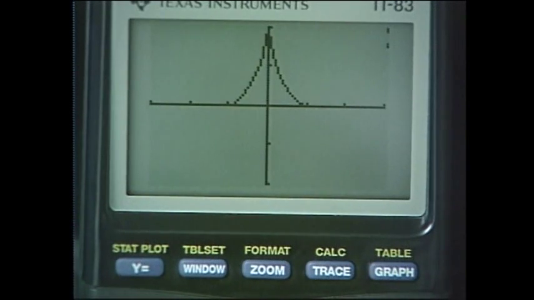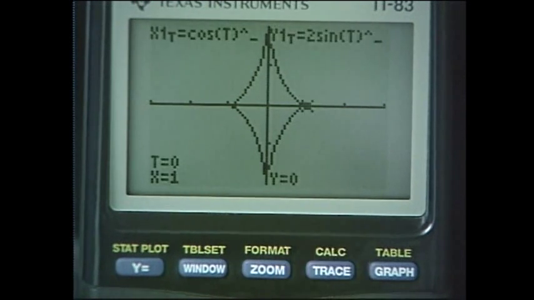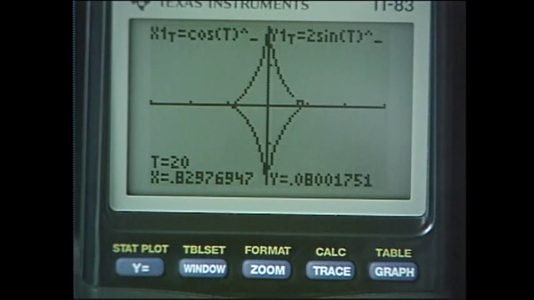And here it comes up in a more familiar form. And as I trace, notice that I'm tracing to the right and I'm stepping 10 at a time with the value of t, and that's 10 degrees at a time. And so we're cursoring around as we would expect to in the degree mode. So the evolute of ellipse.